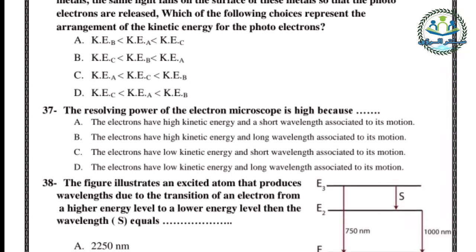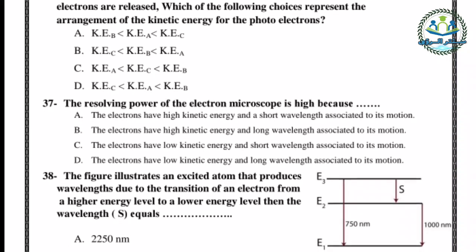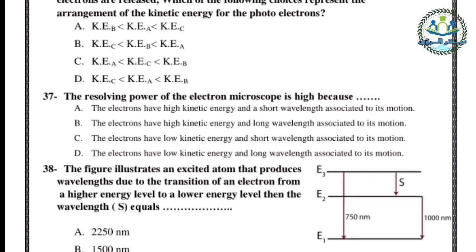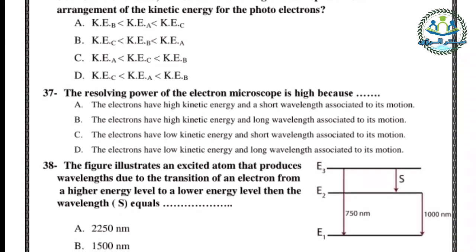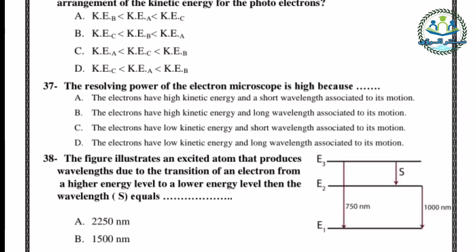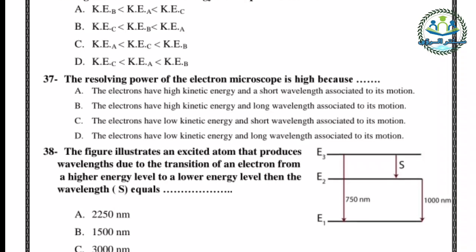37. The resolving power of the electron microscope is high because... A. The electrons have high kinetic energy and a short wavelength associated to their motion.